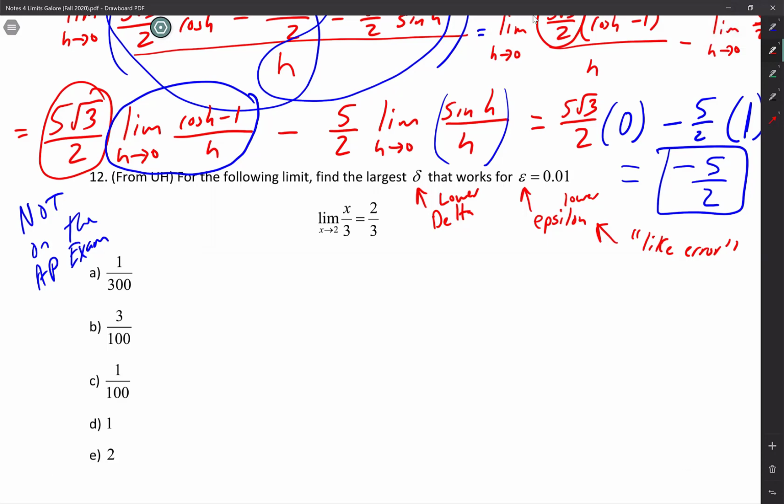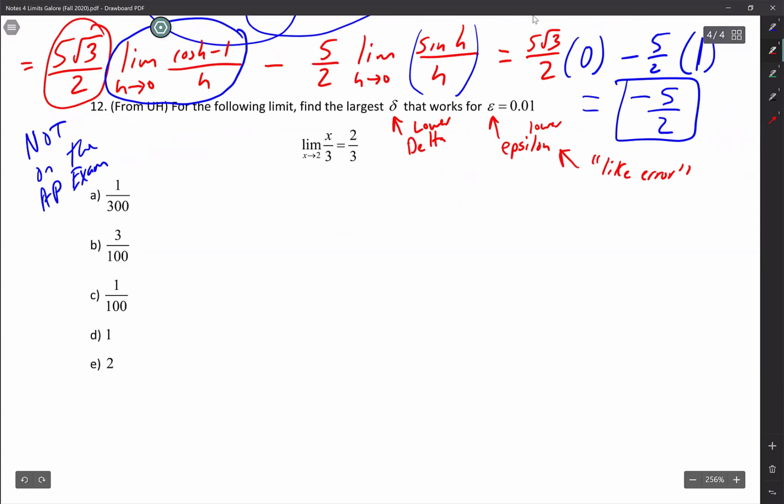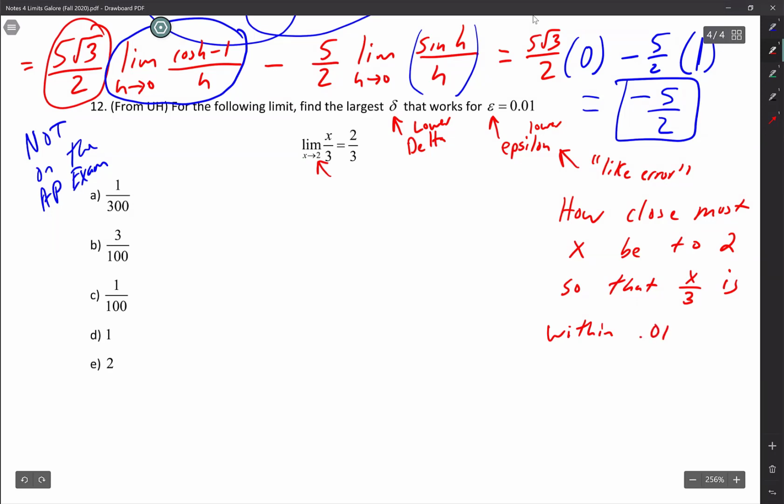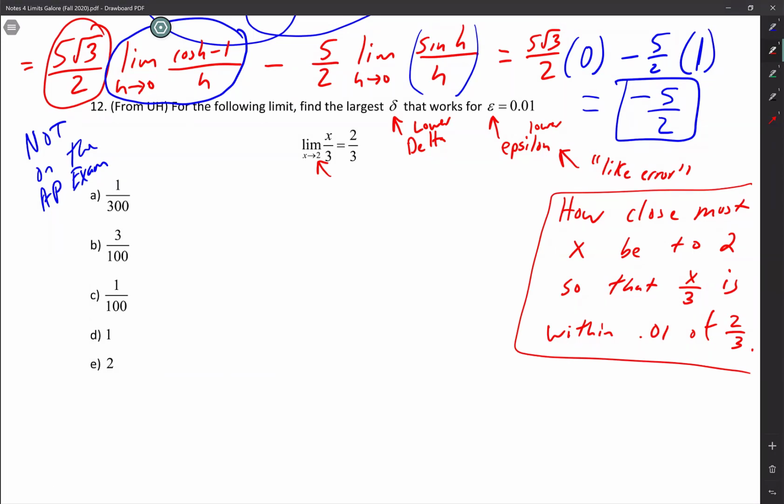So what they're pretty much saying in English, guys, is: how close must x be to 2, because x is approaching 2, so that x over 3 is within 0.01 of 2/3?